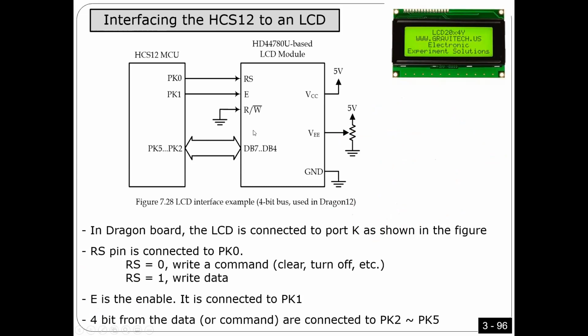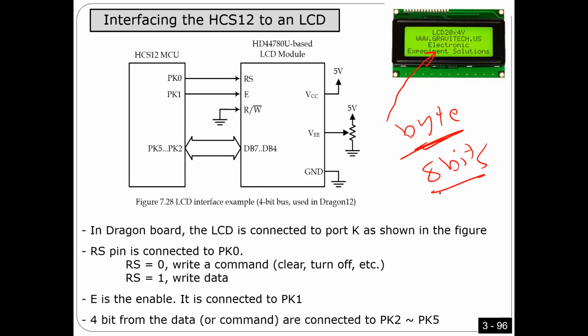Please listen to me. I told you before, if I want to display a character here, I have to send the ASCII of this character. If you go to the table in chapter 2, you can see the ASCII of any character is a byte. Byte means 8 bits.